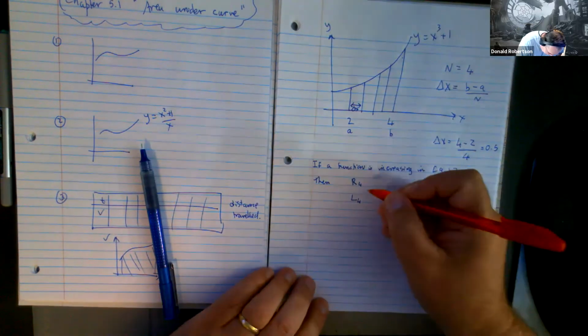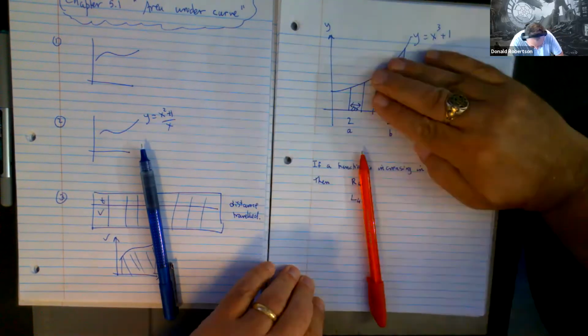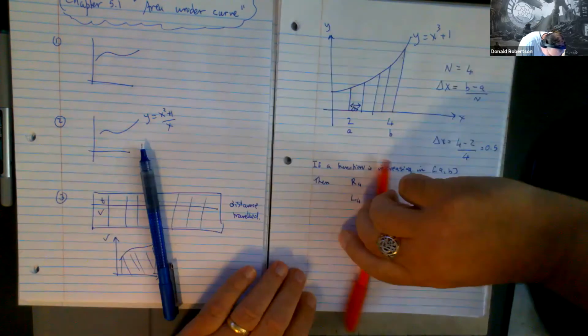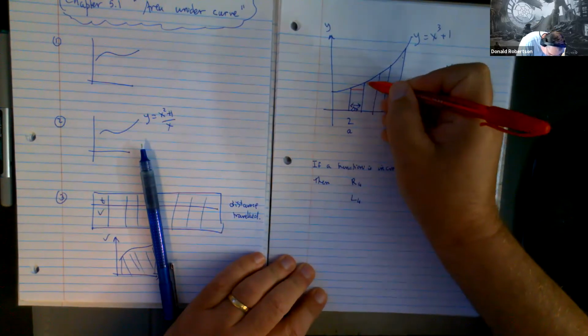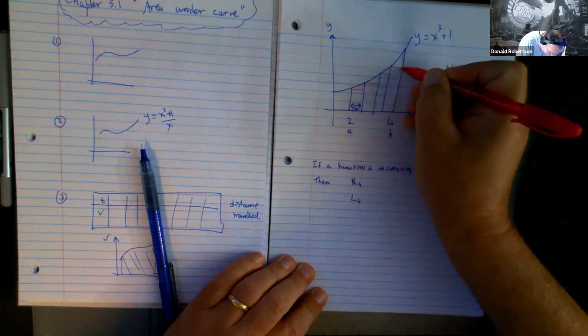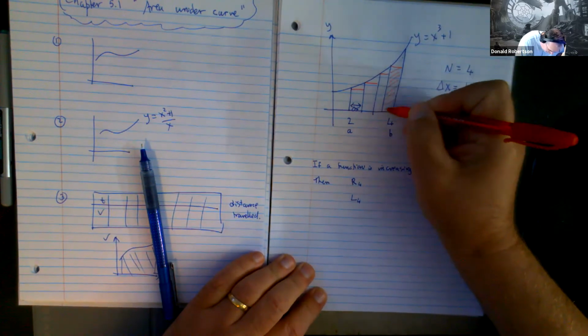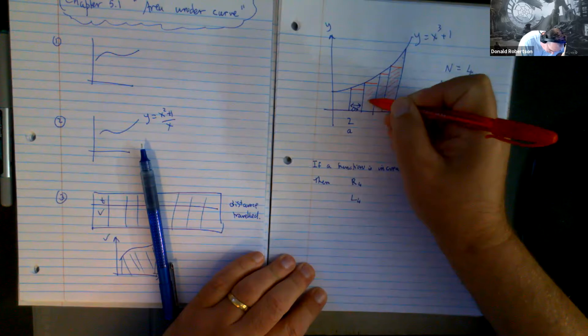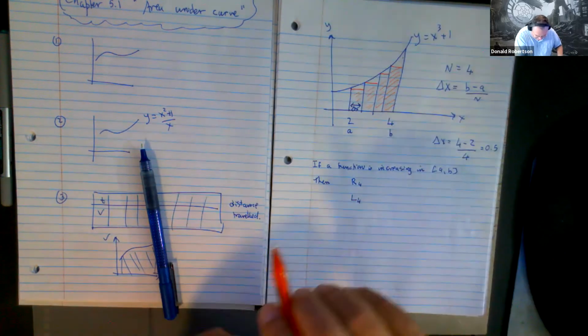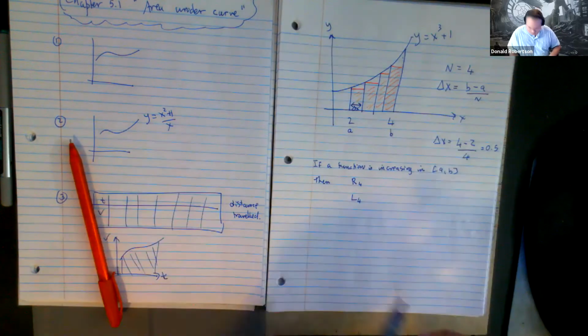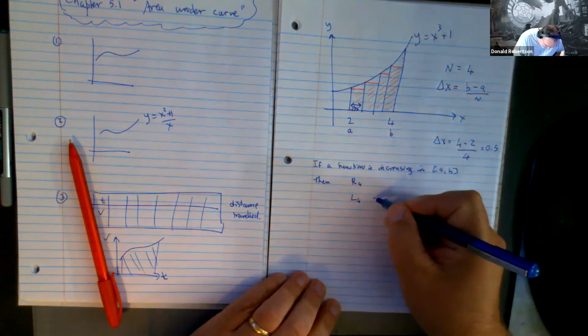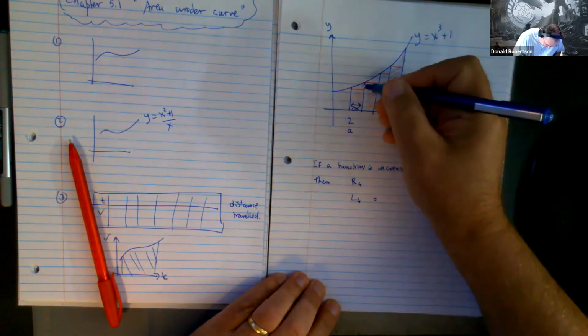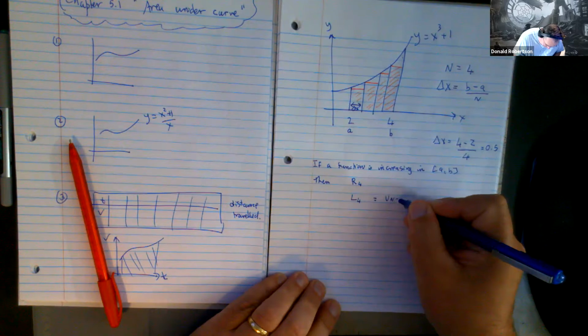If I do the left one, if you take the first strip and use the left-hand side, you get these. And I hope you agree with me, wouldn't these 4 rectangles add up to an area that's less than the area under the curve. So that means the left side one is an underestimate.